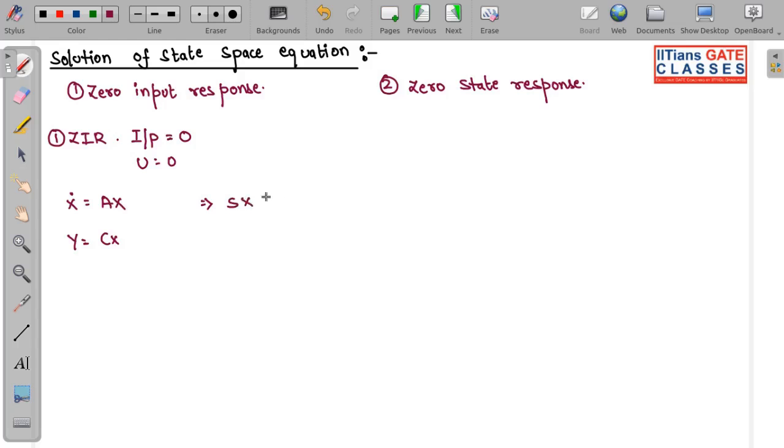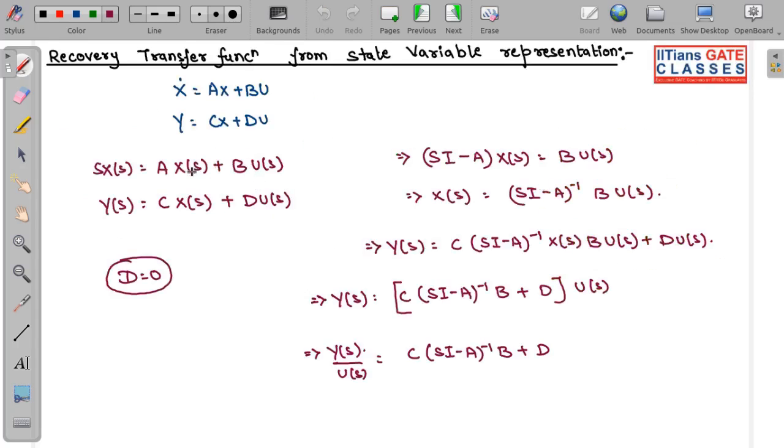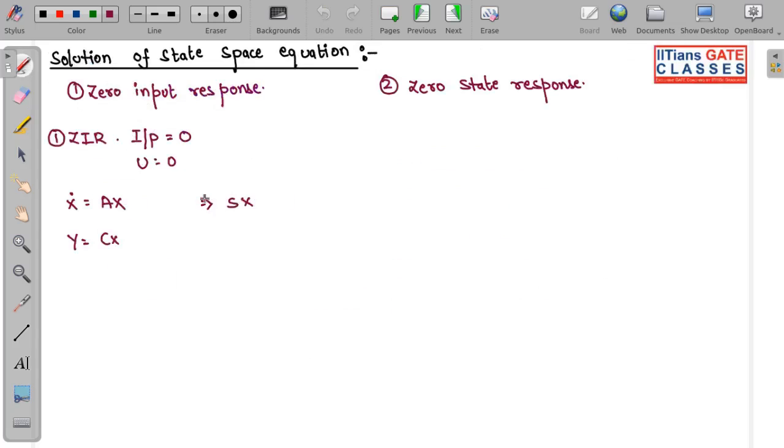So in this case it should be s X(s) - x(0). Remember when we write the transfer function, initial values are 0, so there I assumed x(0) as 0. But here you cannot assume so, or else how will you get the response if you don't have anything? So this will be sX(s) - x(0) = AX(s), and Y(s) = CX(s).